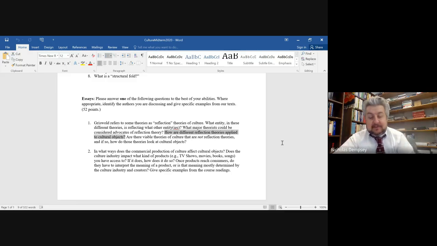So describe it in the abstract: people apply reflection theory to literature, to say that the cultural object reflects the material relations of society. For example, Lowenthal wrote that such and such. So do give examples, and really, that's what sets the A's apart from the B essays with these kinds of things. And then, another question: make sure, again, to answer all parts of the prompt.